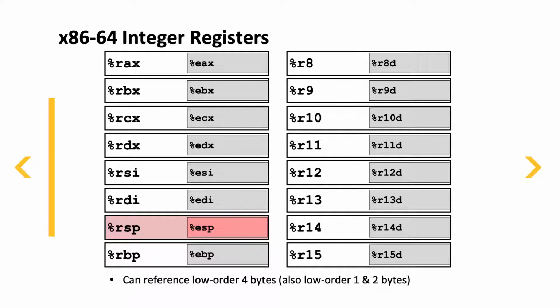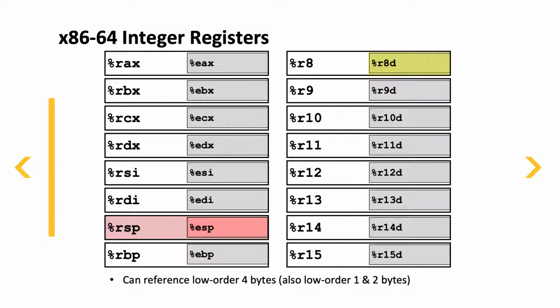Now, what also came about with the evolution of the Intel processor are these other 8 registers, R8 through R15. And that's why we have a little bit of a different naming scheme, because these came along later on in the process. So for R8, R9, etc., we have, for example, R8 is our full quad word 64-bit register.